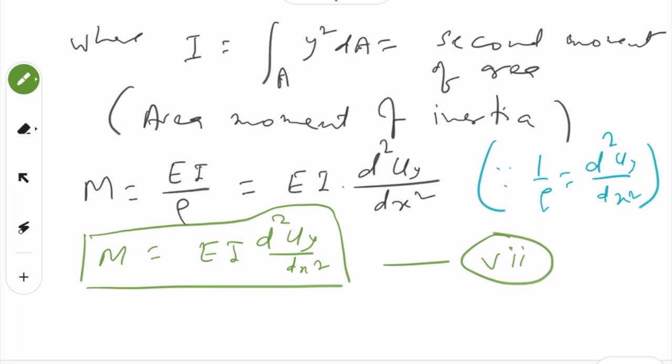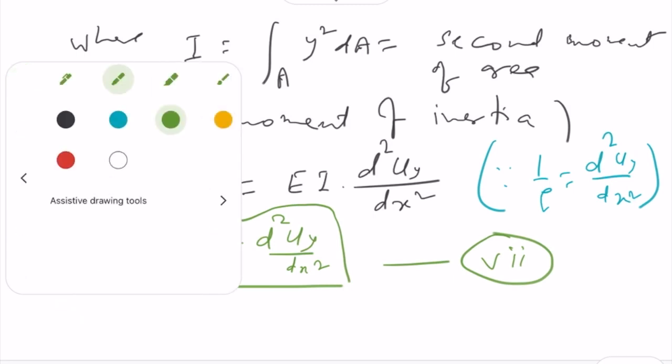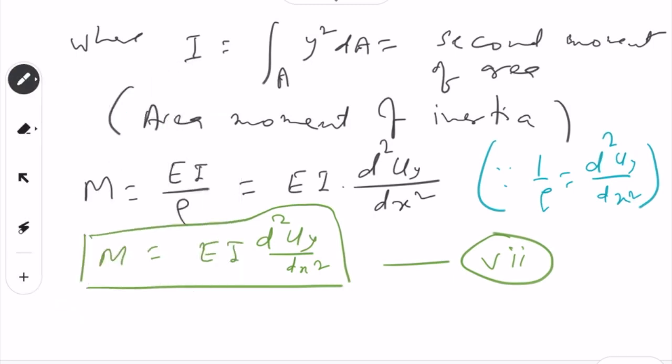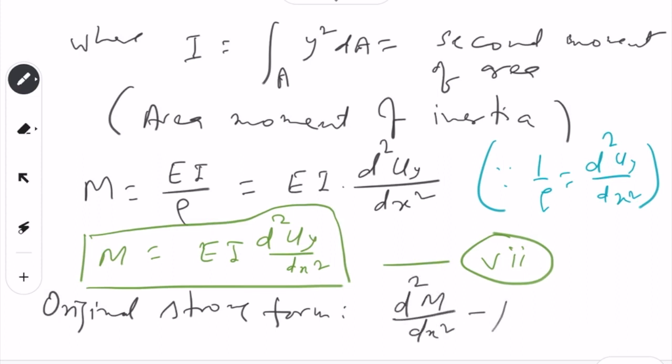So this is the equation we have, and the original equation, the strong form, was d square M over dx square minus px equal to 0, right? Now we have M in terms of uy, so we can put it straight in here.